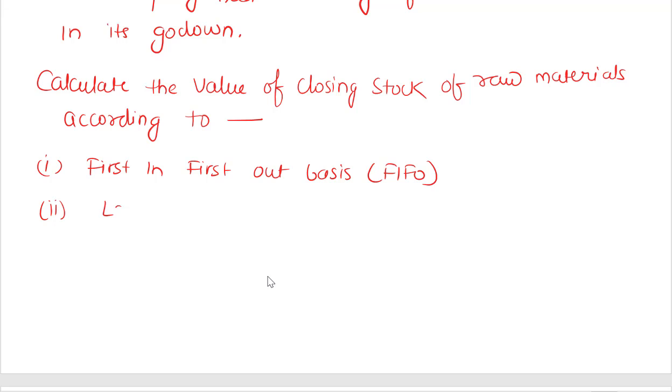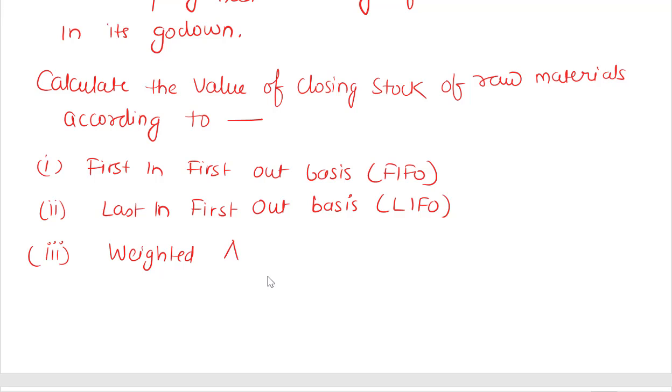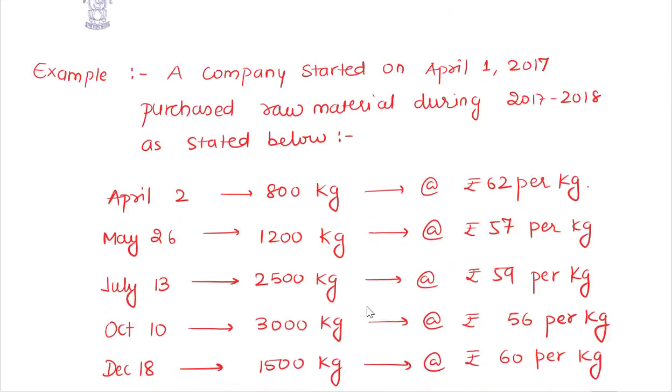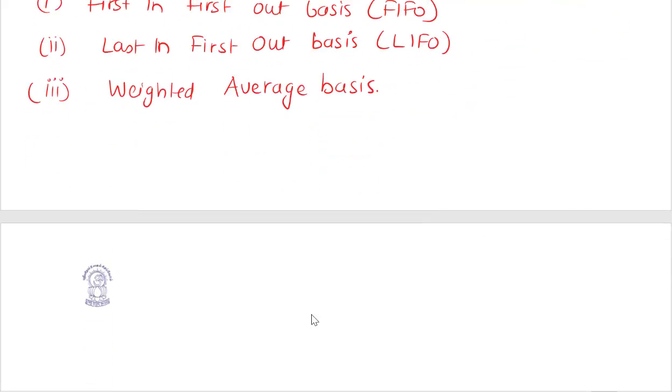Second, last in first out basis, that is LIFO. And third, weighted average basis. I believe you understood the question. So this is the example that we need to solve. Let us begin with the first method, that is FIFO, first in, first out.